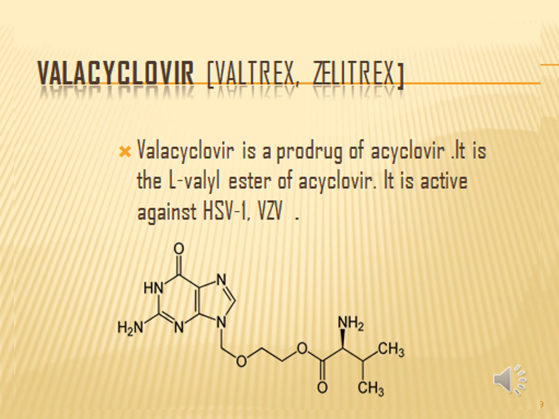It is actually L-valine. At the extreme end it has the valine amino acid, and the valine amino group is present, and the rest is the same, right? So the ethoxy group and methyl group are present. So L-valine 2-amino-1,6-dihydro-6-oxo-purine methoxy ethyl ester. So this is the IUPAC name. No need to worry. Just write the structure and study.